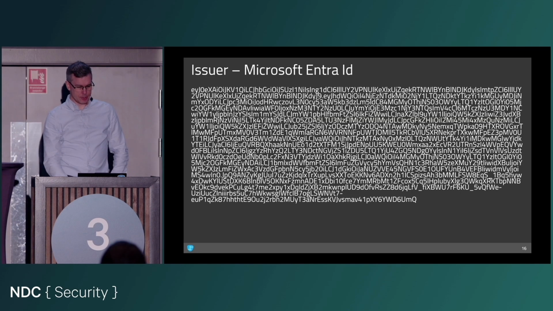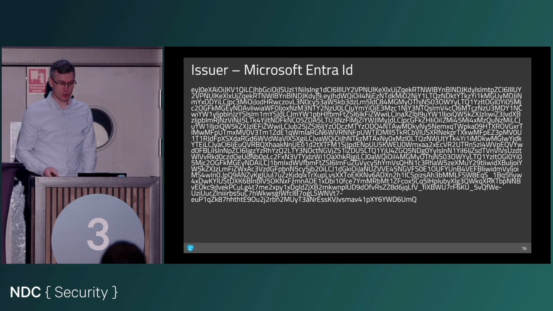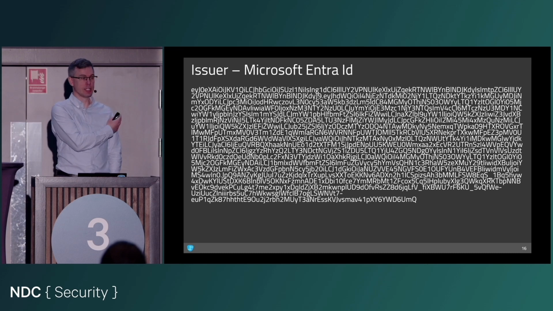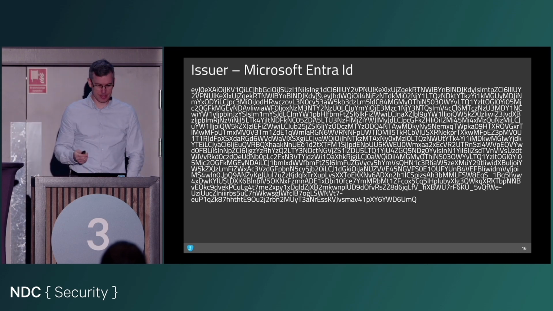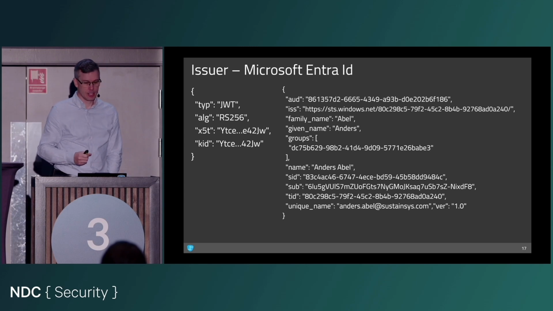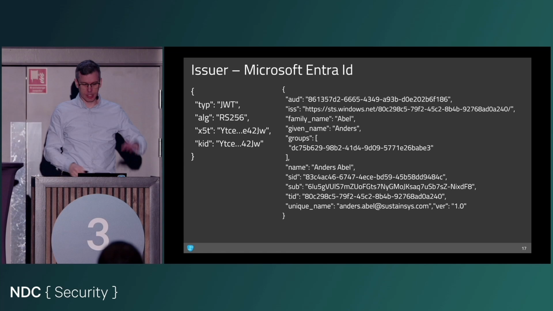So yeah, well, I went ahead and created an application using multi-tenant. I logged on, and this is the resulting ID token I get back. And as you know, I don't read encoded ID tokens either. This is the decoded ID token. We had just the normal header, and then we have the payload.